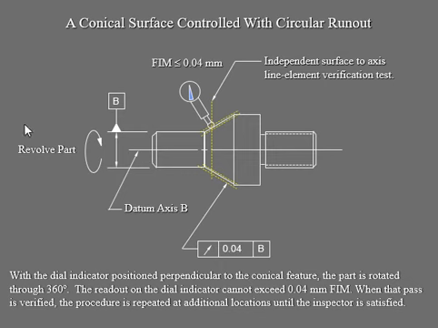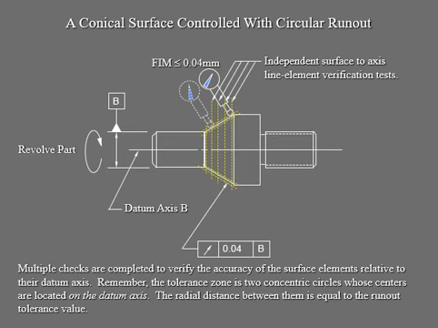For each independent surface to that axis, we can verify the line element in this way by using the dial indicator. All right, the next one, we're checking here this point and here that point. Of course, we're going to check it out so you can see each point check right there. So these are called the independent surface to axis, and we call that the line element.